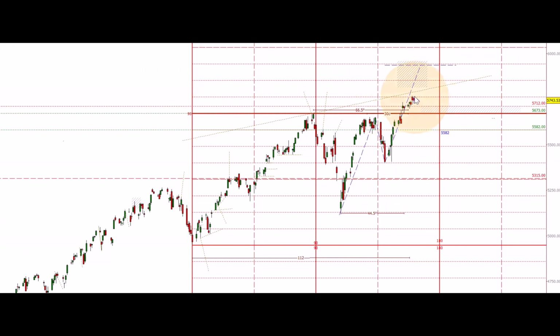I just want to note it only because we stalled there for 2 days, and I think it's worth noting. And the other thing is this ABCD, if we were to get up and going, is exactly 3/8 into the next square, and that's actually a pretty good place for a target.